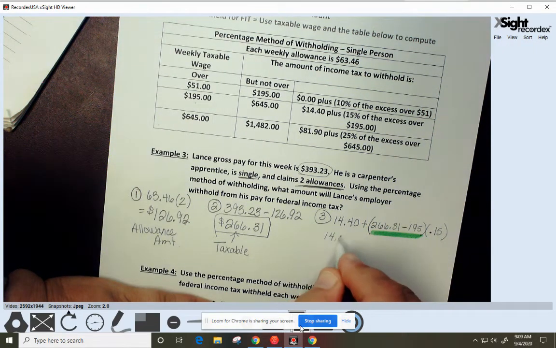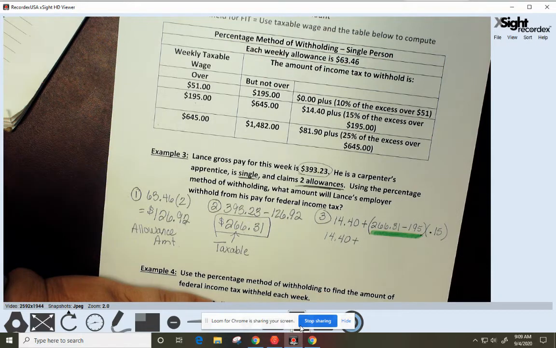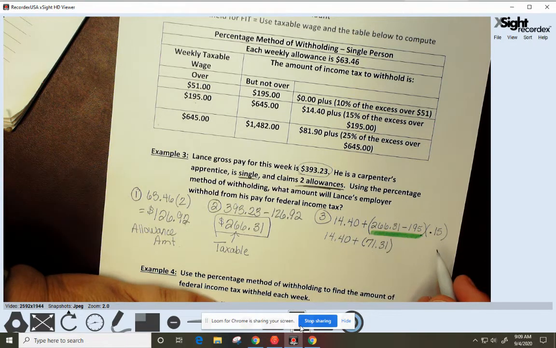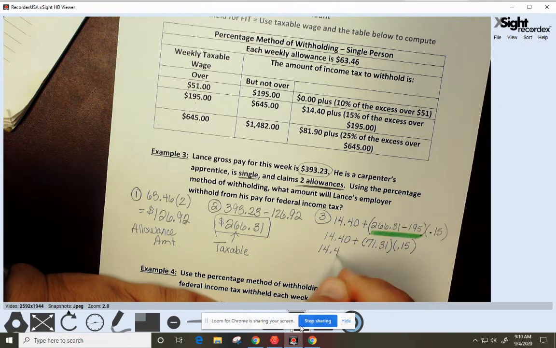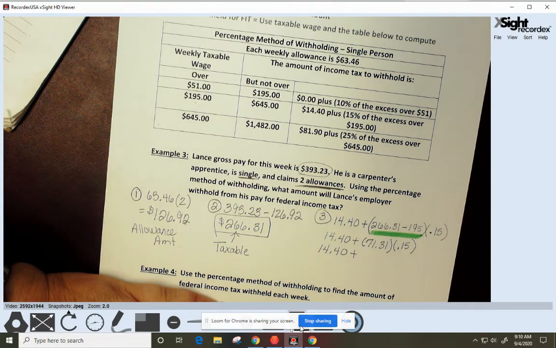So I've got to pay $14.40 plus 266.31 minus 195, which is 71.31 that I'm going to be having an extra tax on of 15%. So 14.40, multiply your 71.31 times your 15%.